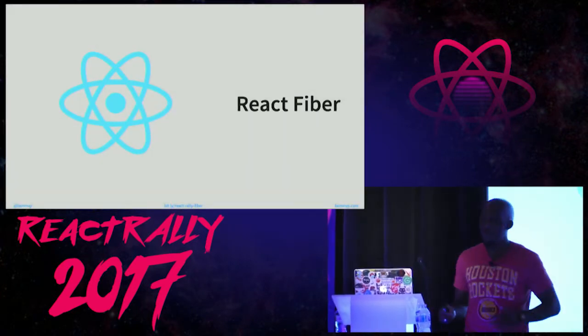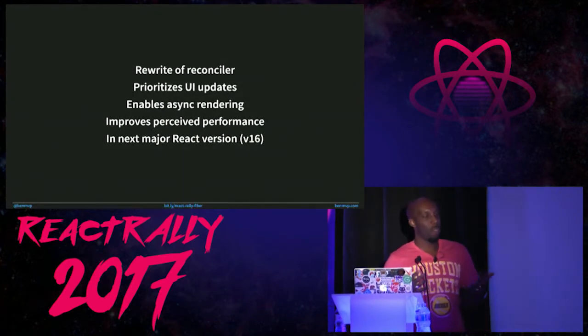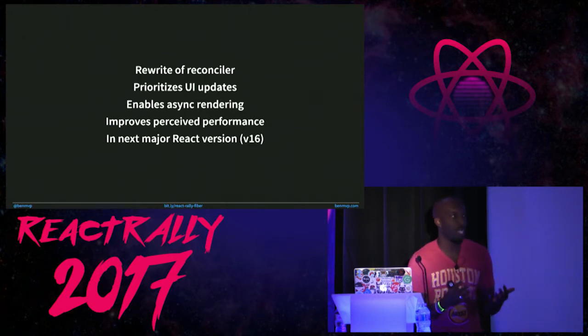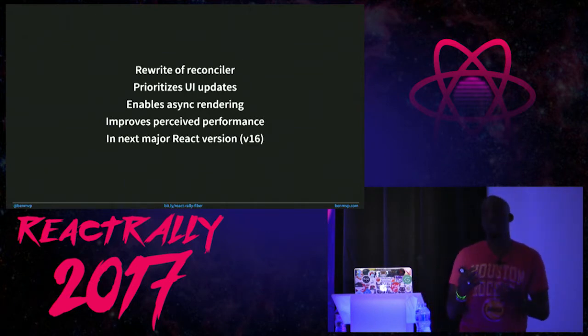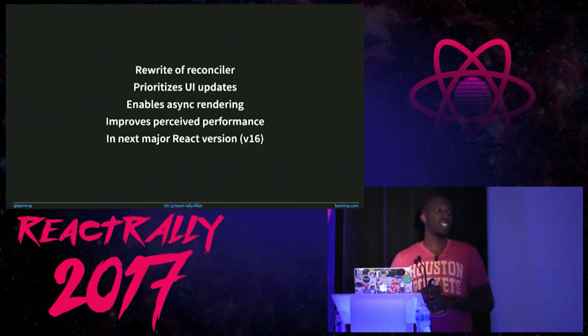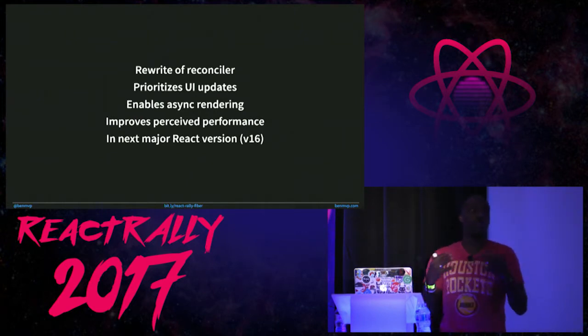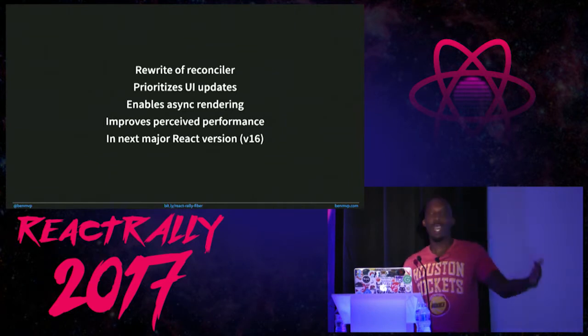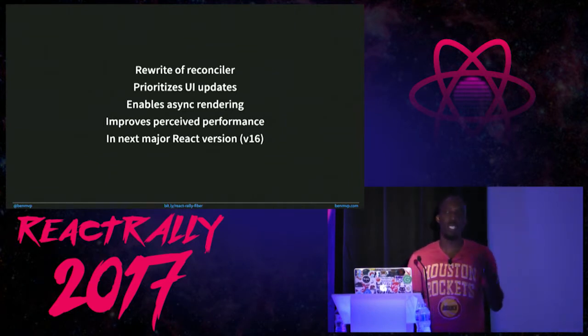Okay, so React Fiber. A little bit about the background of it. It's a complete rewrite of the reconciler, and we heard Lynn talk about it a little bit earlier today. The reconciler is the part of React that allows us to write our code as if the whole UI is going to be rewritten. We just write it as a function of the state.